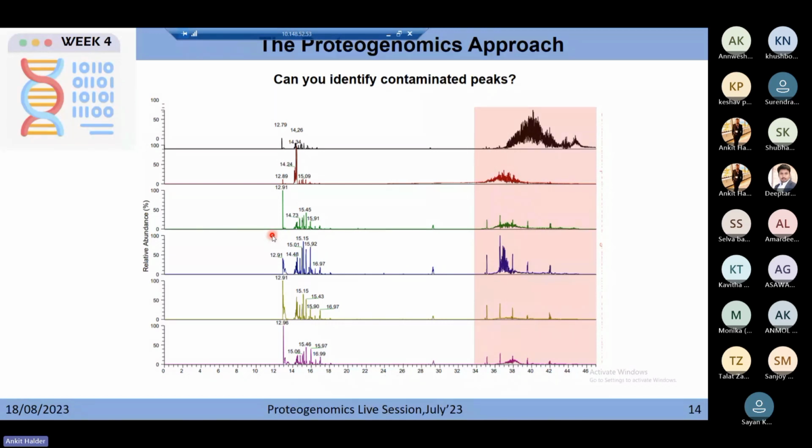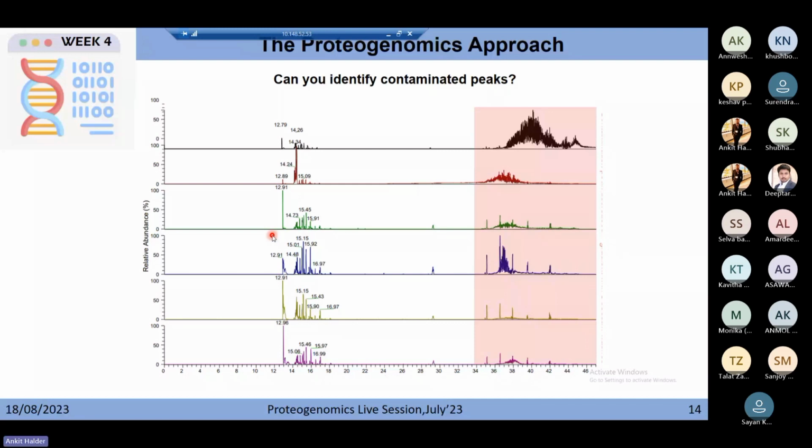All this gives certain artifacts or technical variances in your samples whenever you run. Along with that, the way the algorithms work and the peptides and proteins are identified also plays a role.